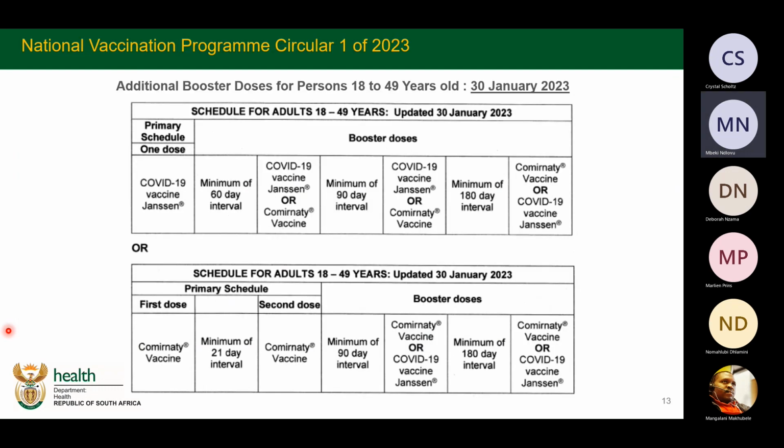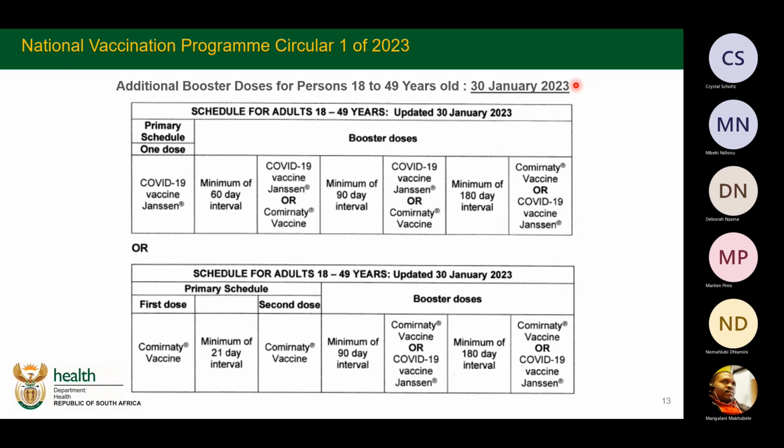Now, let's talk about the additional booster doses for persons between the age of 18 and 49. And this is according to the National Vaccination Program Circular 1 of 2023, which became effective starting on Monday this week, that is the 30th of January 2023.